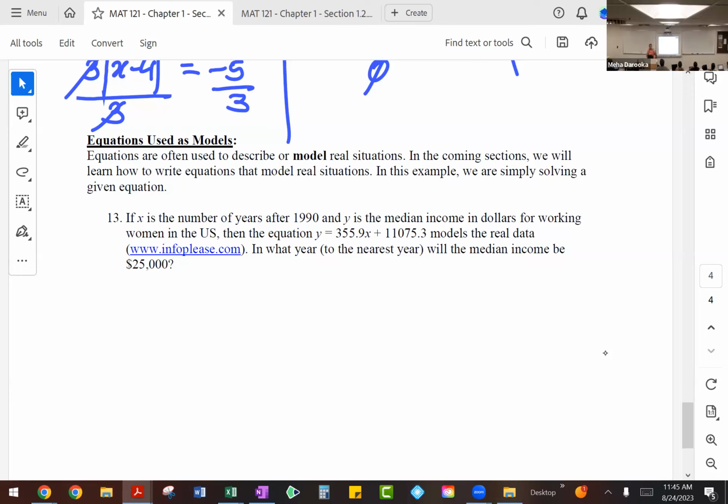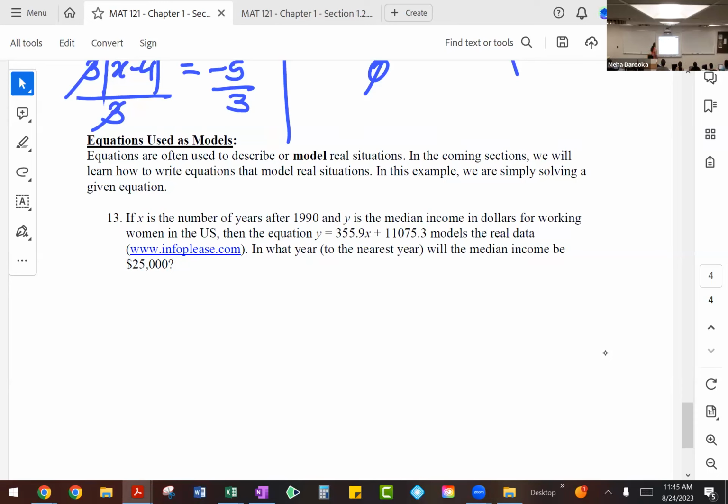They're telling us y represents the median income in dollars for working women in the US. So they're telling us what those two variables stand for. So if your equation is y equals 355.9x plus 11,075.3 models the real data, and they're giving you the source of that.